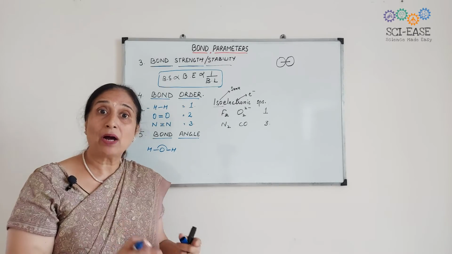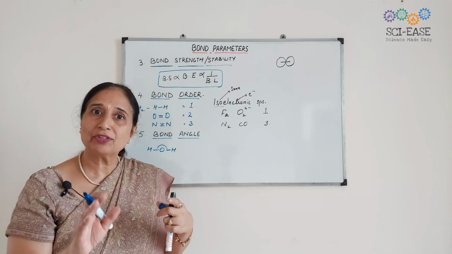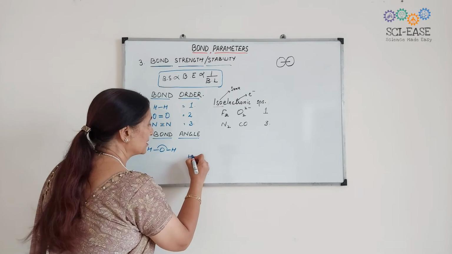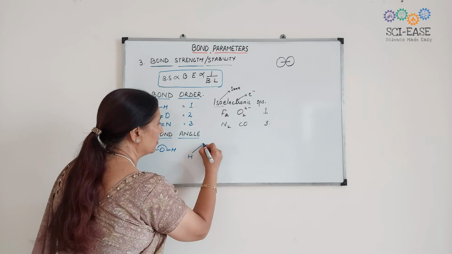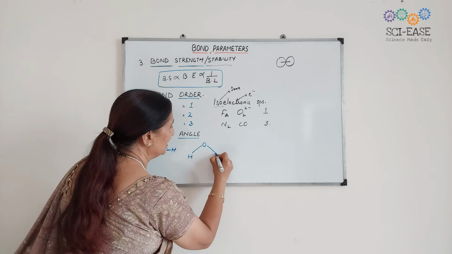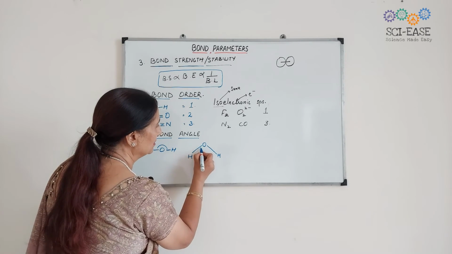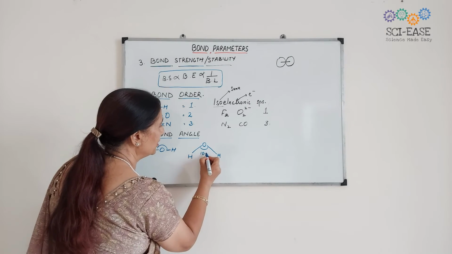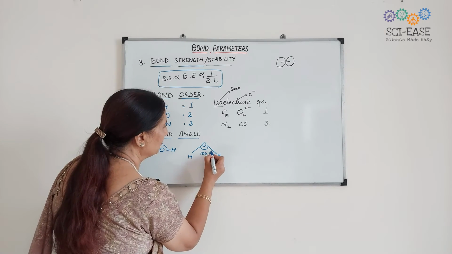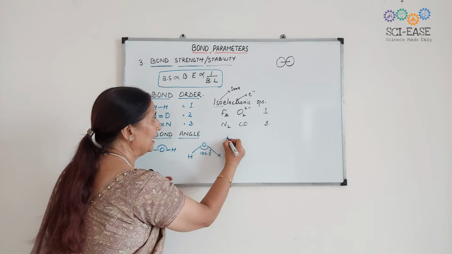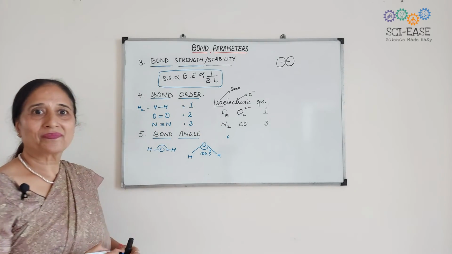It tells us about the shape and the structure of the molecule. The structure of water is like this, and here the bond angle is 104.5 degrees. Here we measure the angle in degrees.